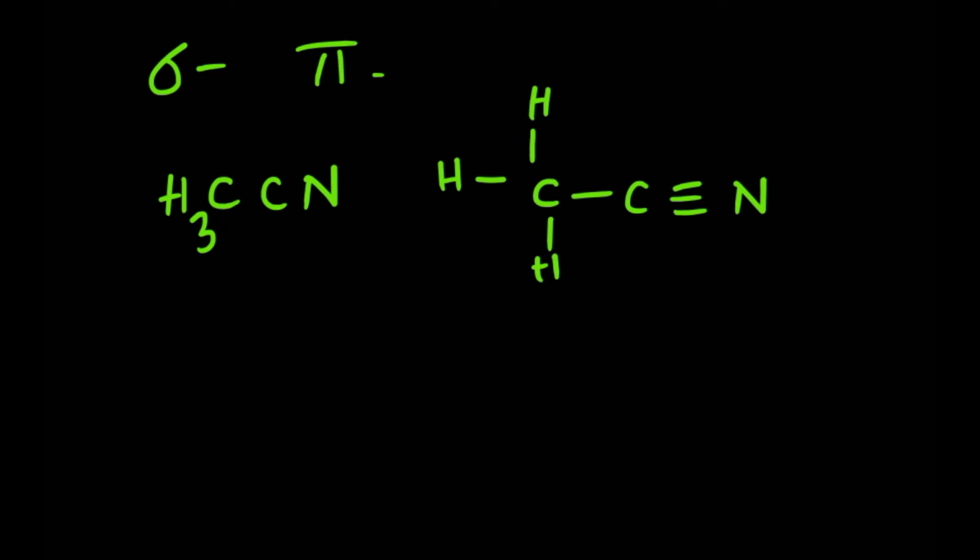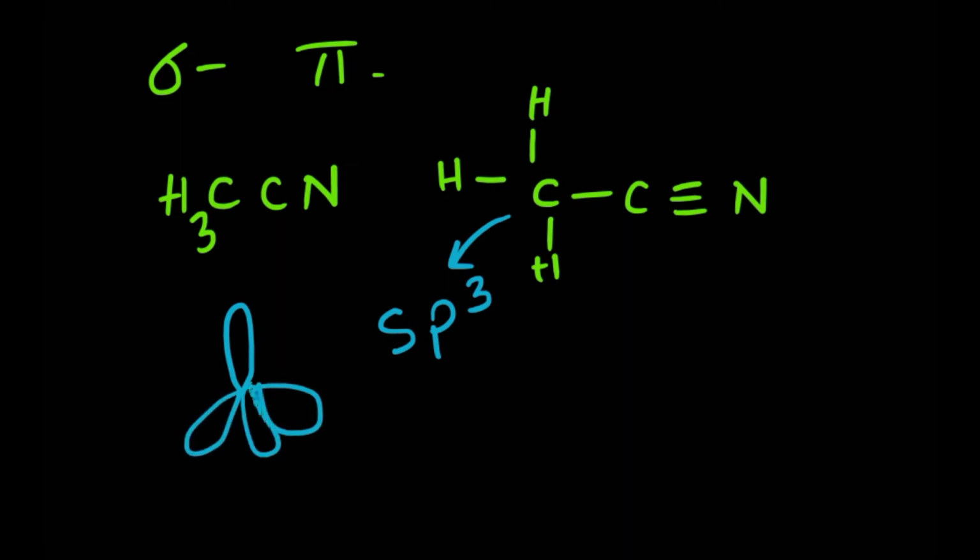The first carbon will be sp3 hybridized, as there are 4 bonds: one s and 3 p, so there are 4 hybridized orbitals, giving a total of 4 bonds.